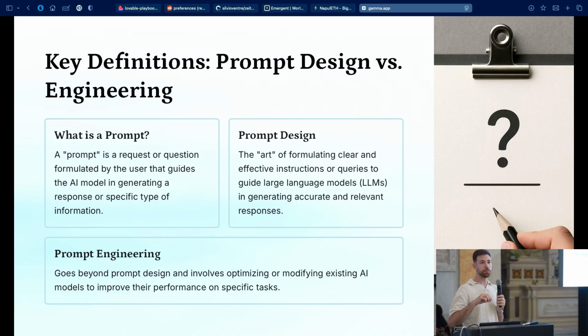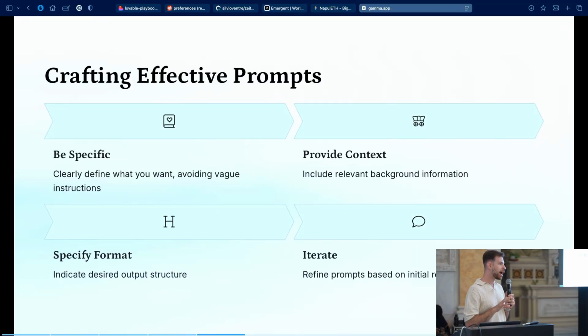Now we are going to focus on prompt design, because it's the most common way to talk with a large language model, and on how we can craft effective prompts in ChatGPT or in another large language model like Gemini or Perplexity, the tools that you may be using right now.